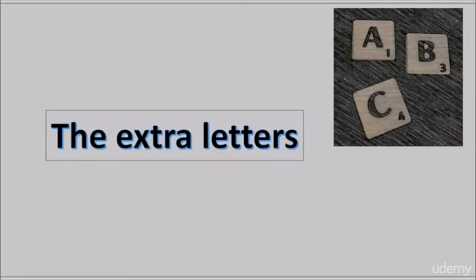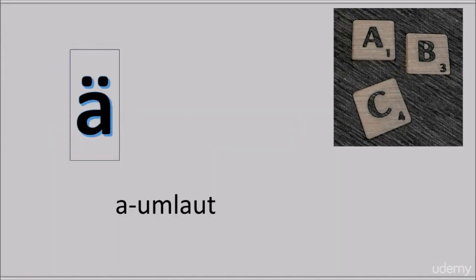Now we come to the extra 4 letters that we don't have in the English alphabet, but we do have in the German alphabet. And the first one is Ä, or A umlaut. Now it was really difficult to find anything to write it phonetically, so in the end I decided not to.